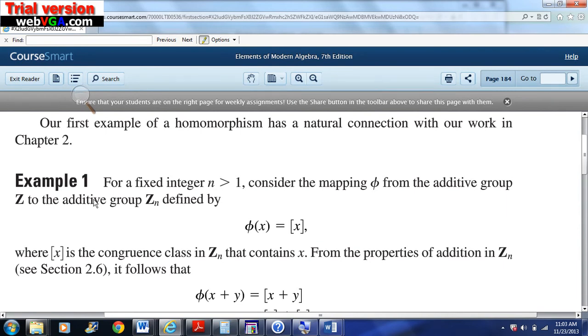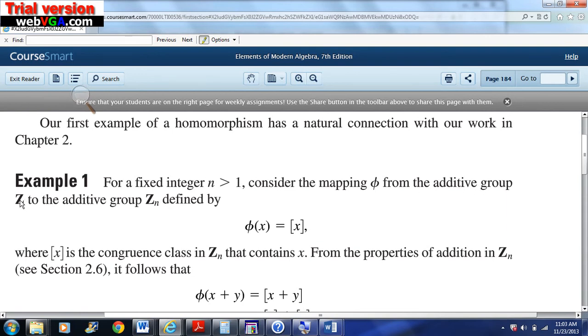Now this mapping, you're mapping from the integers to modulo n. And you're looking at the classes of modulo n. You're mapping once again from the integers to modulo n. Also, you have addition for both groups.